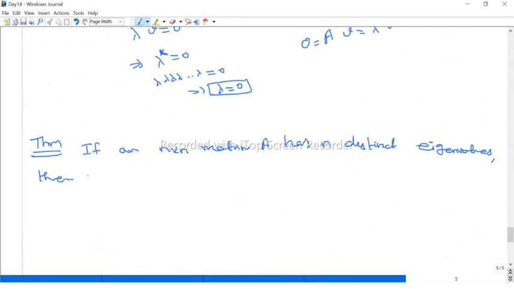Because from n distinct eigenvalues, we know the theorem that the corresponding eigenvectors are linearly independent, n linearly independent eigenvectors, therefore it's diagonalizable. If an n by n matrix contains n distinct eigenvalues, directly we can say it's a diagonalizable matrix.